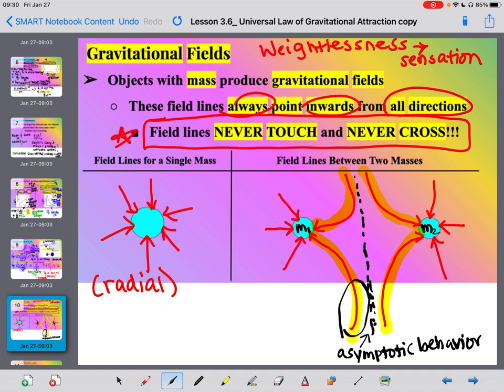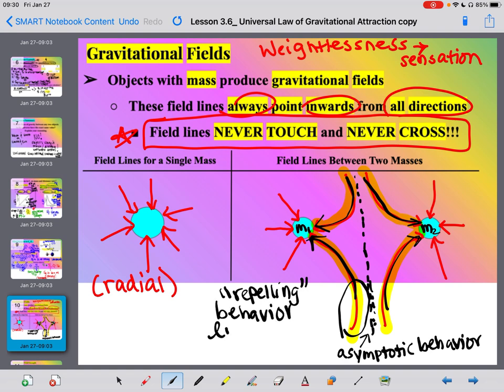Okay, so the lines are curving due to the presence of each other's masses. This type of pattern, especially with the curves, very much mimics almost like a repelling pattern that we will see later on when we talk about charges and poles, right?